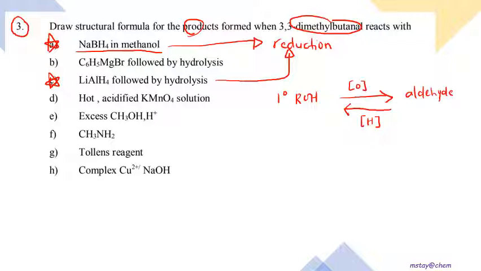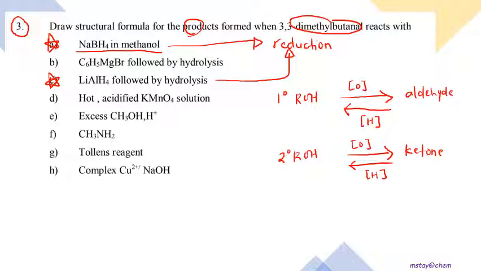A similar case happens to secondary alcohol. If it undergoes oxidation, it will produce ketone. So let's say later in the question you have a ketone, and the ketone can undergo reduction to produce secondary alcohol.